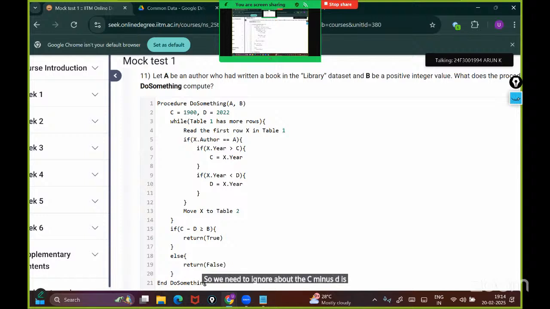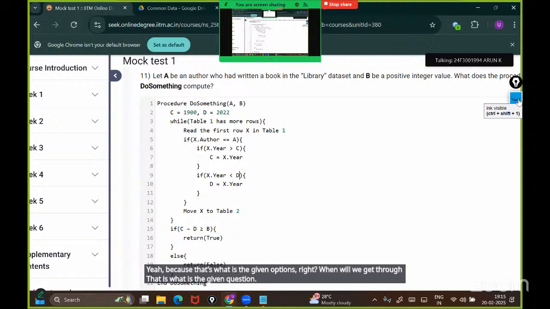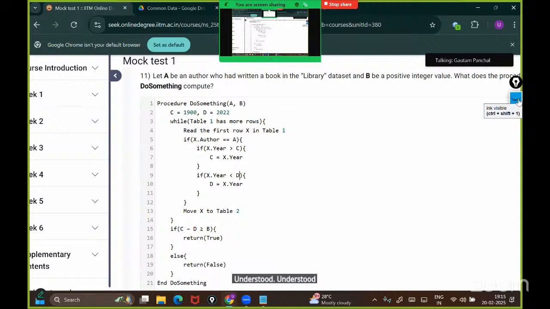C minus D is greater than B has to be true, and only then we select based on those numbers, because that's what the given options are. When will we get true? That is the given question. We have to run the code according to the options given, whether it's one book or more than one.